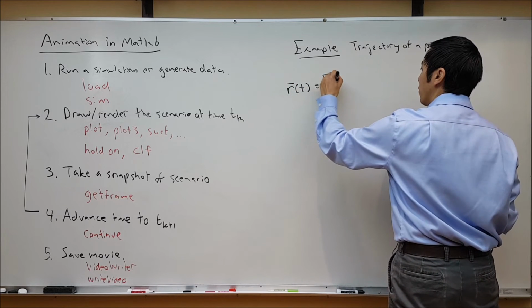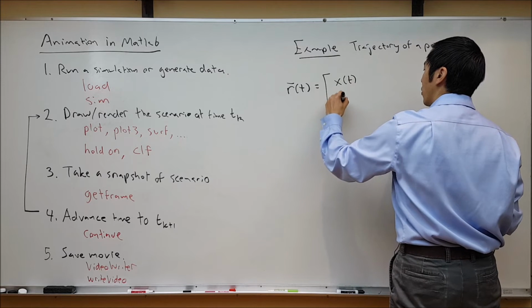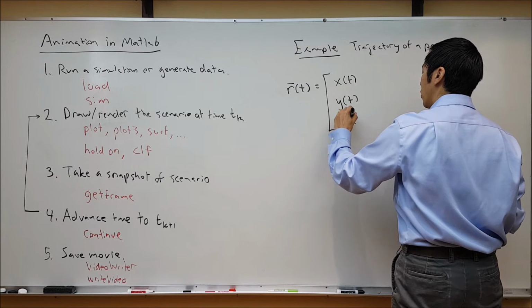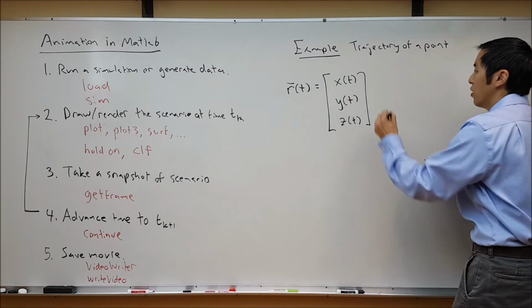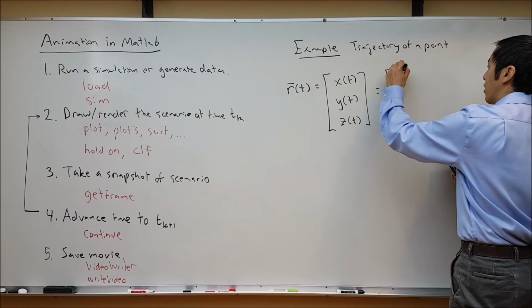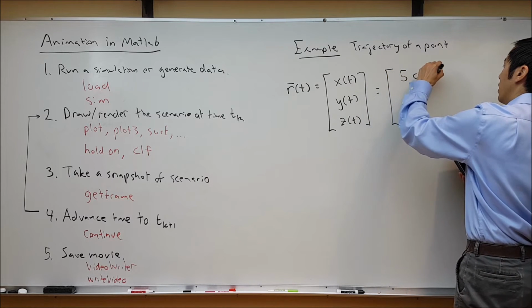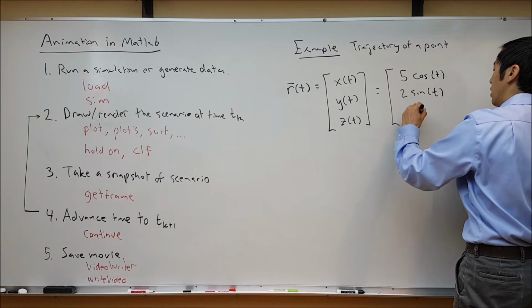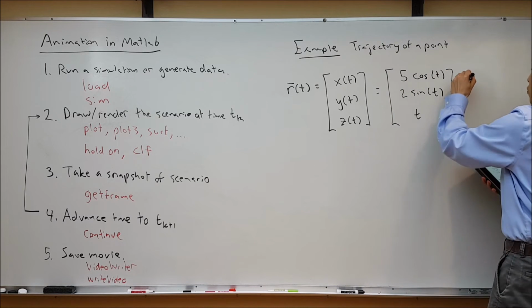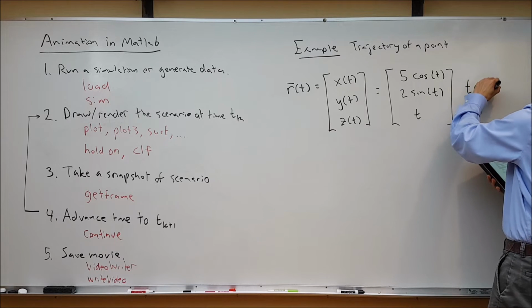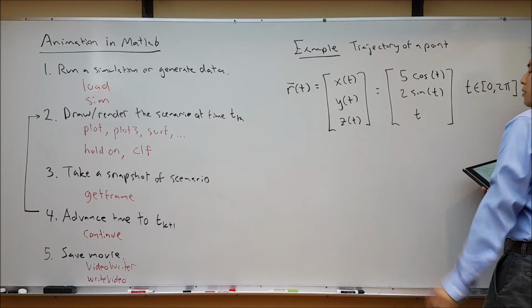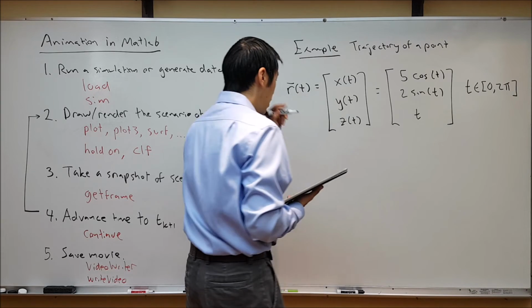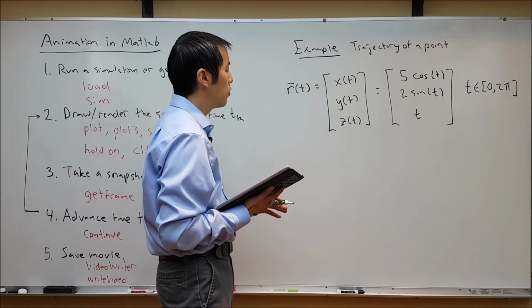So the position vector that describes where this point is located at any given x, y, and z location at any given time t. Let's say this is something like 5 cosine of t, 2 sine of t, and t, for the range of t from 0 to 2 pi. Okay, so this is how my particle is going to move through space.